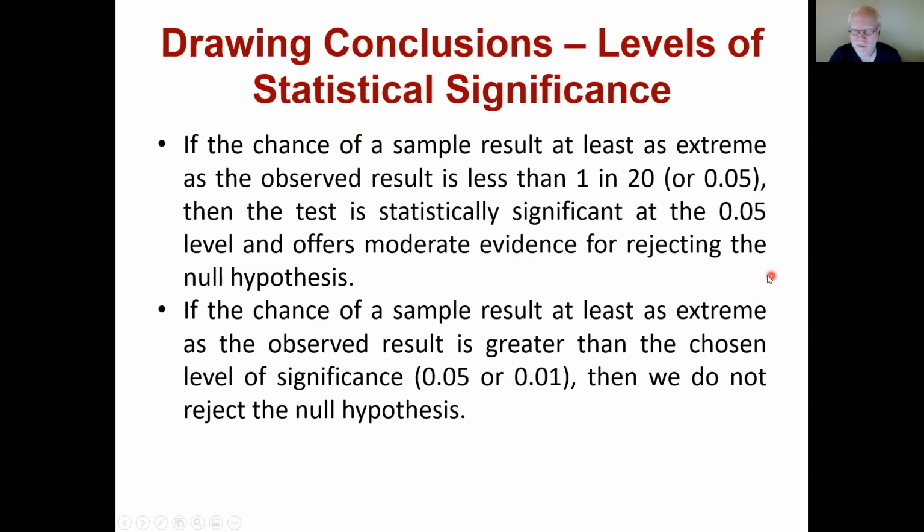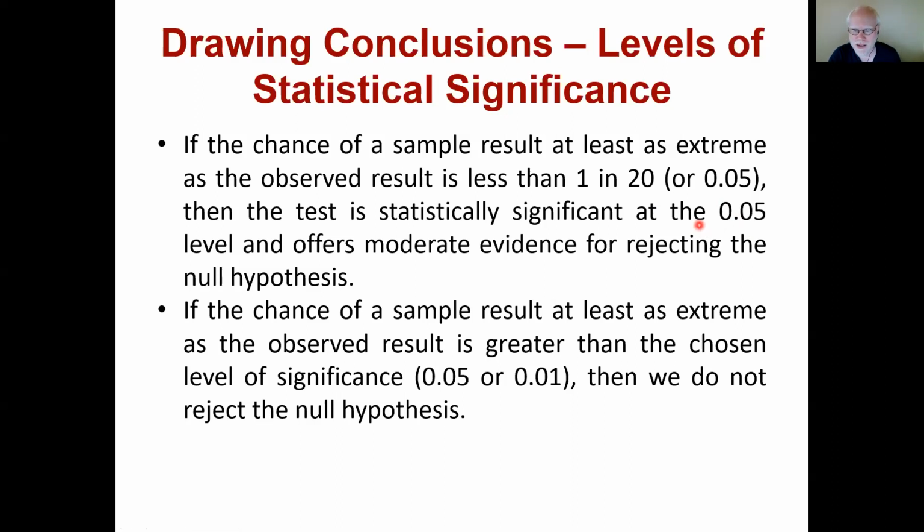But at some point, we've got to say, okay, this is unlikely enough. If the population proportion is 0.5, it's really unlikely that we're going to get 64. It's slightly subjective what we choose, but by convention, we go with 0.05. So only 1 in 20 times would we get it.